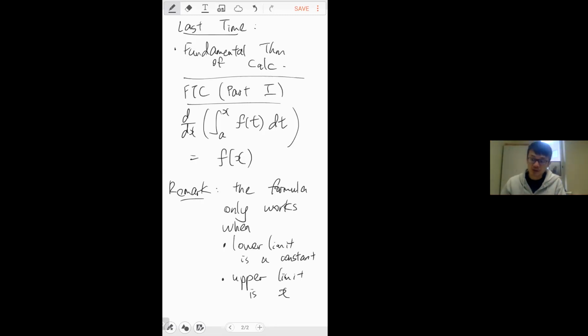I mean, you can only use the formula right away when the lower limit is a constant and when the upper limit is just the variable x. I'll do more examples when the lower limit is not a constant and also when the upper limit is not just x.